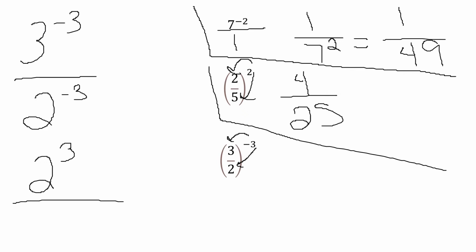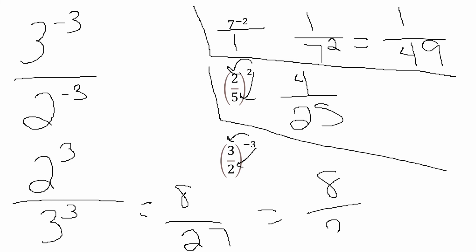The top becomes the bottom with a positive exponent. And then I have 2 cubed, which is 8, over 3 cubed, which is 27. And if your fraction can reduce, go ahead and reduce it. If it can't, like this one can't, just keep it. So the answer is 8 over 27.